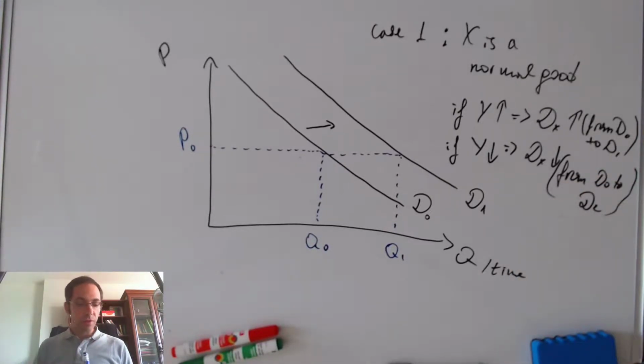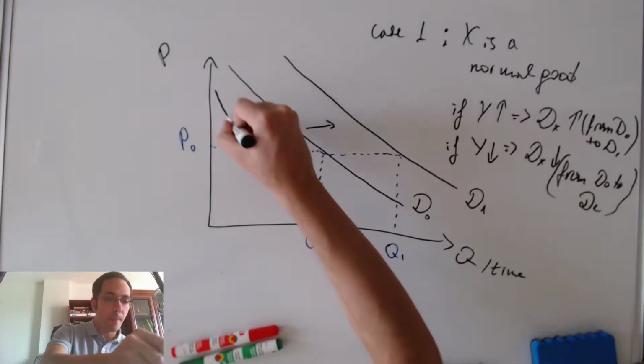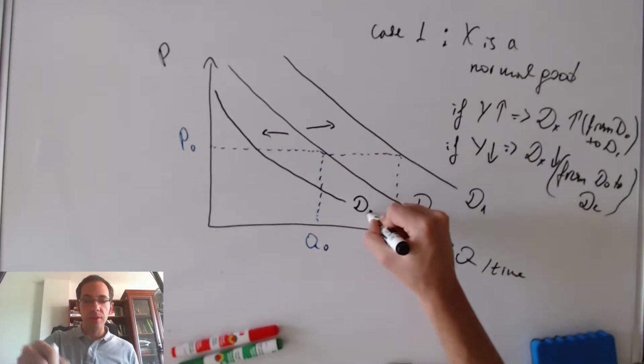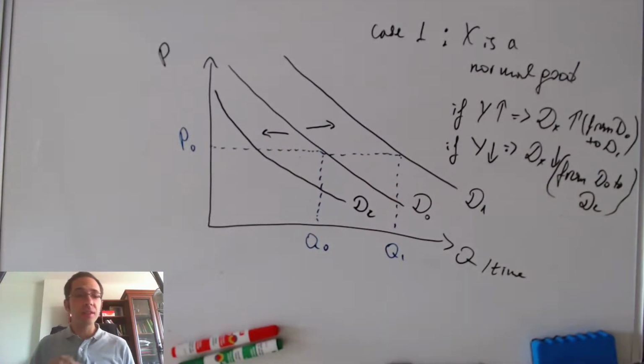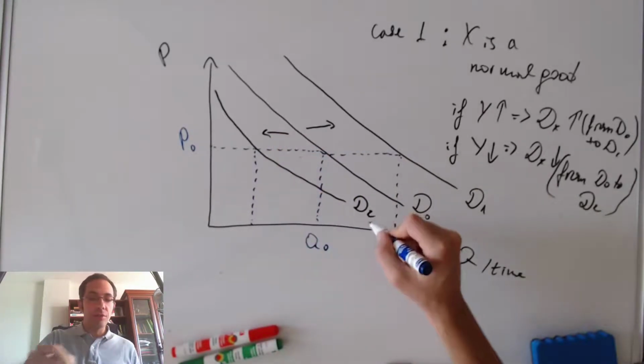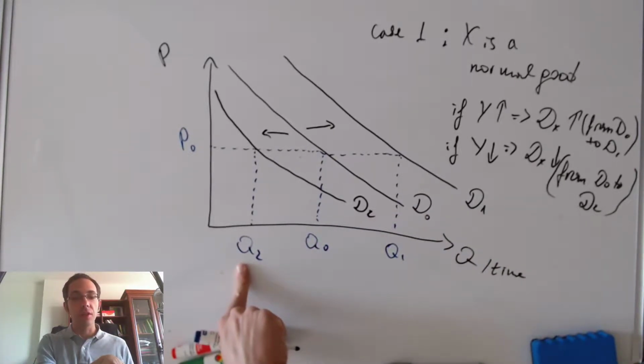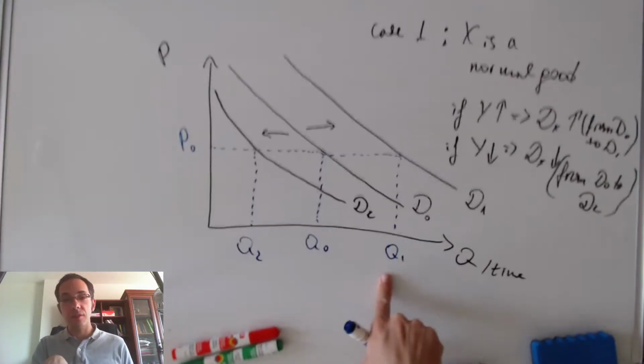And D2 needs to be to the left of D0, so it will move this way. Let's say this is my D2. And now we can see that at price P0, when the demand declines to D2, we're going to generate a quantity demanded of Q2, and Q2 is less than Q0, which is less than Q1.